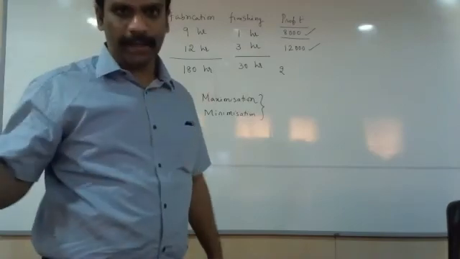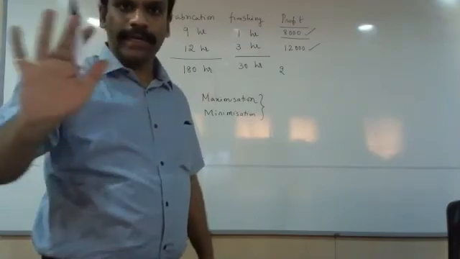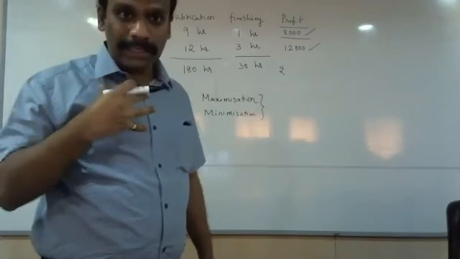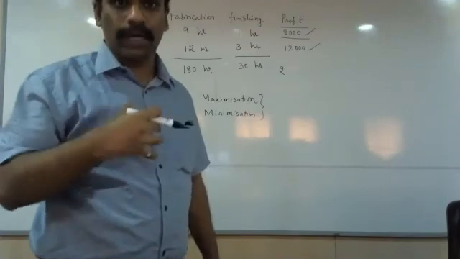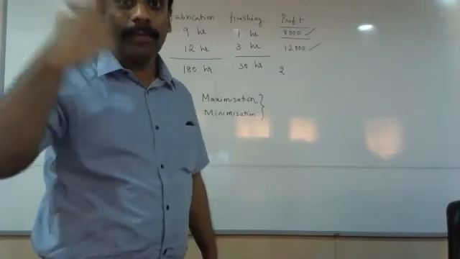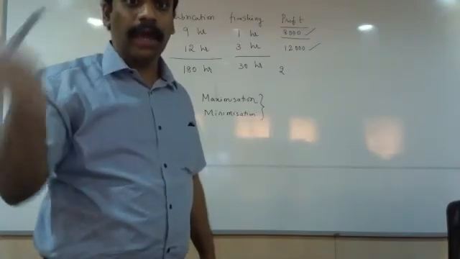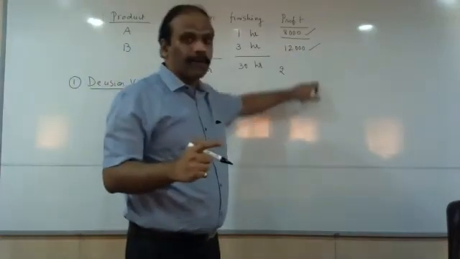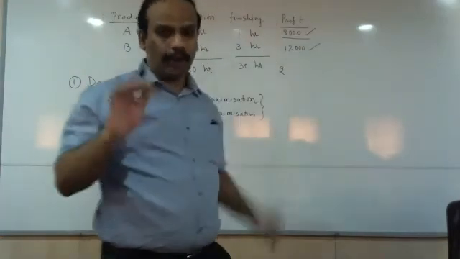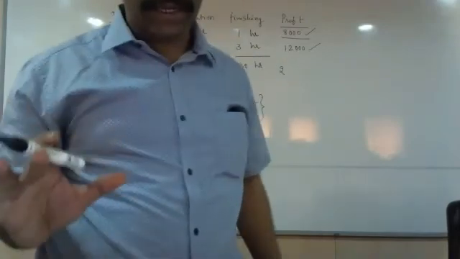It's fixed already. Similarly, for B also, it is fixed at 12,000. The only thing in your control is how many units you manufacture. If more units are manufactured, your total profit will increase. Do you all agree with my logic here? Yes or no?